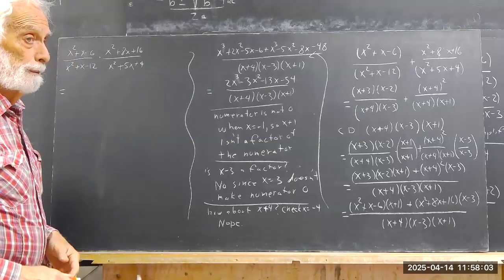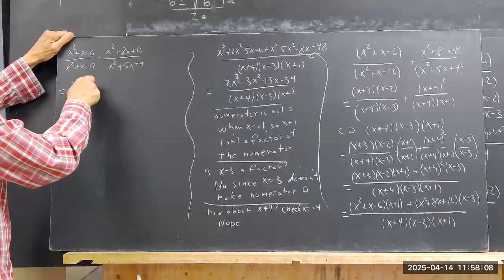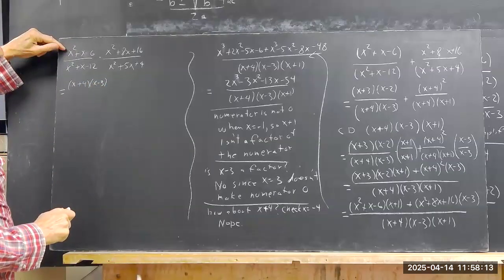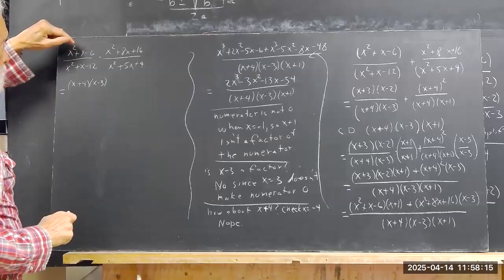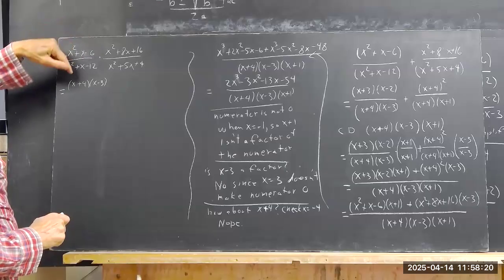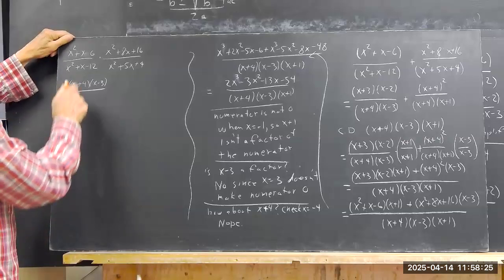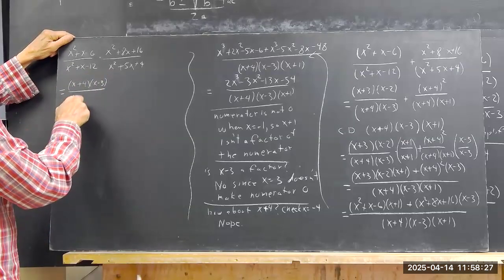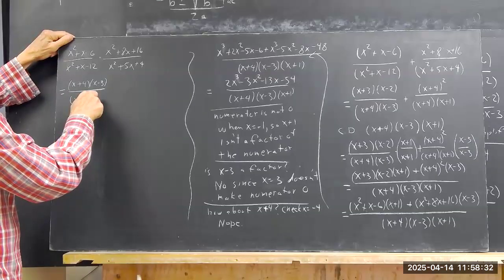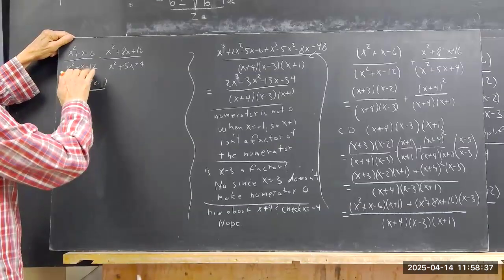Well, first we factor. In other words, x squared plus x minus 6 is the numerator of the first fraction. I think I factored that one.